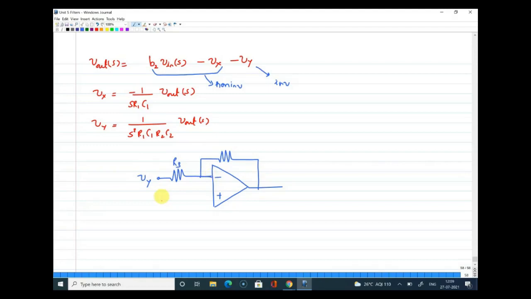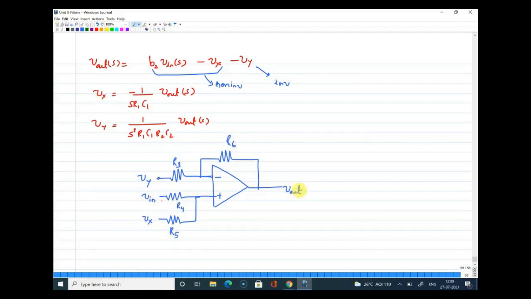Now Vx is directly connected to the non-inverting terminal, right? So non-inverting is here. So I'll use another resistance. I'll call it R4, and this I call Vx. And again, I need to connect input also. So I'll connect V in input here. Vx I'll connect here. I'll call this R5 and this R6, and this is the V out.